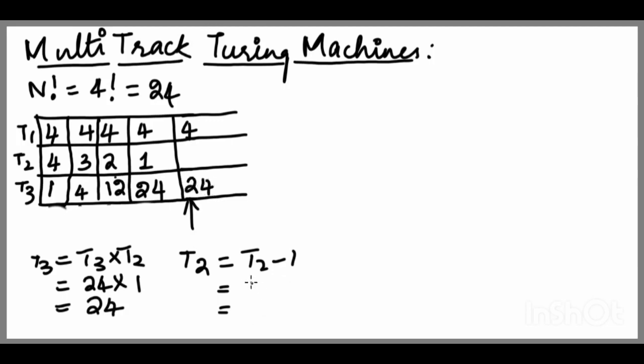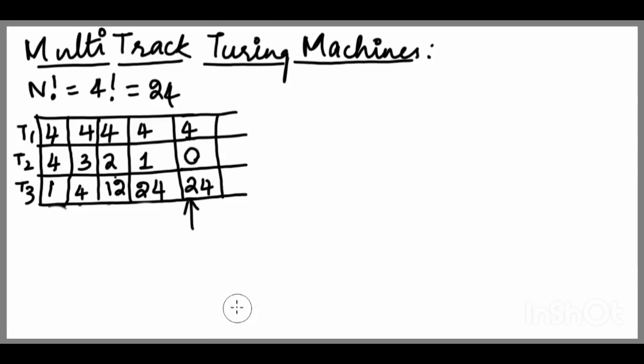And the T2 value is decremented, that is 1 minus 1, 0. According to the algorithm, we have experienced a 0 in T2, so we must terminate this process here itself. The result in T3 is the final result if the T2 value goes to 0. So, according to the Turing machine, the value of 4 factorial is 24, and it is certainly right.